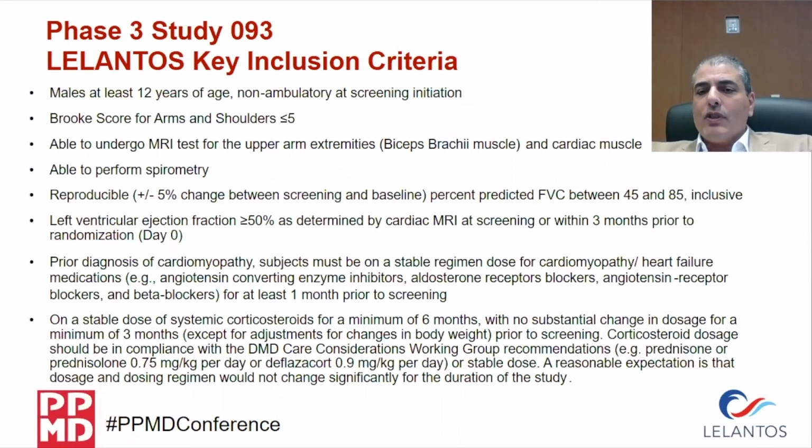And if the patient was diagnosed with cardiomyopathy, we are expecting that these patients are on a stable dose of the whole 9 yards regimen of heart failure therapy, ACE inhibitors and ARBs, beta blockers and so forth, for 1 month prior to screening. On a stable dose of systemic steroid for a minimum of 6 months. And the dose we are recommending to be used in the trial is in compliance with the DMD Care Considerations Working Group as shown in these slides. Prednisone 0.75 milligram per kilogram per day, deflazacort 0.9 milligram per kilogram, or a stable dose.